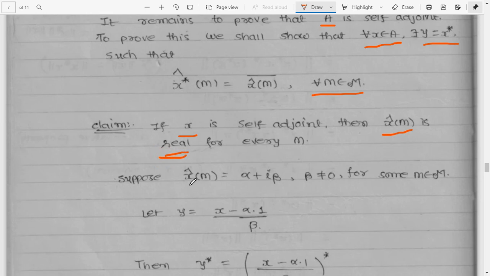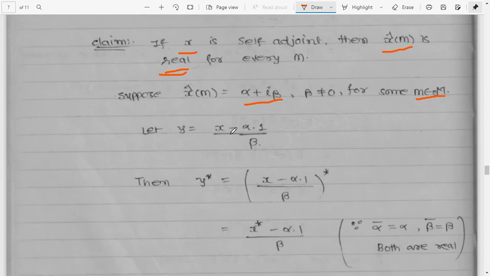Suppose x cap of m is equal to alpha plus iota beta and beta not equal to 0. Here we consider the complex number alpha plus iota beta for some m belonging to M. So let y is equal to x minus alpha into 1 upon beta.